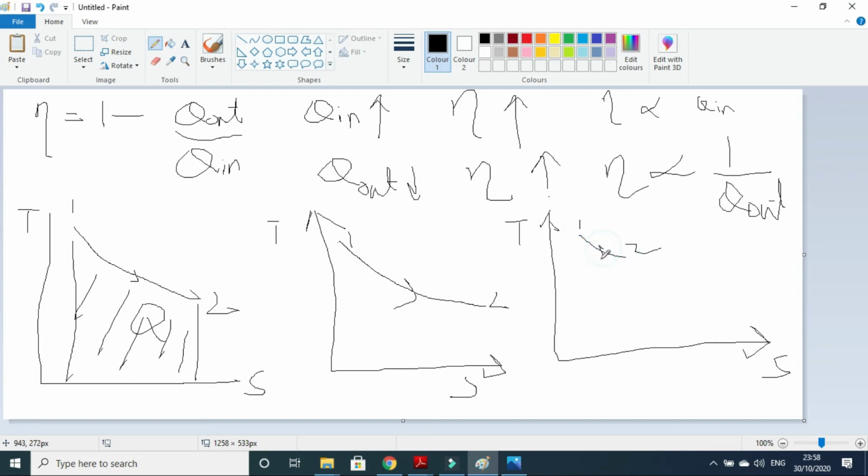So which one will have higher heat transfer? This one. The longer the process curve, the higher will be the heat transfer. This makes sense. And the shorter the process curve, the smaller will be the heat transfer. So if you remember these points, then it will be very easy to understand these graphs.